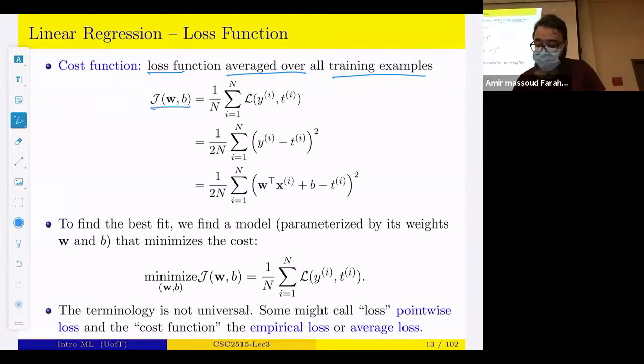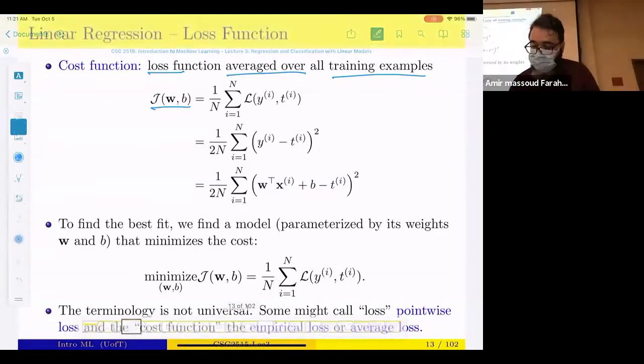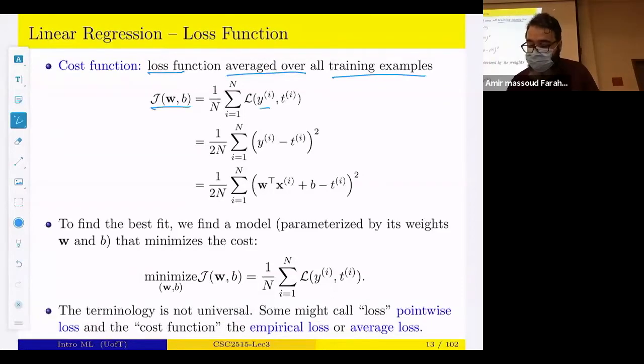We define J of W and B, a function of the parameters of the model, as the summation of the loss between Yi and Ti. The choice of loss here was squared error loss, so this leads to the second equation, Yi minus Ti squared. And now remember, for the linear model, what is the relation of Y to the parameters and X?